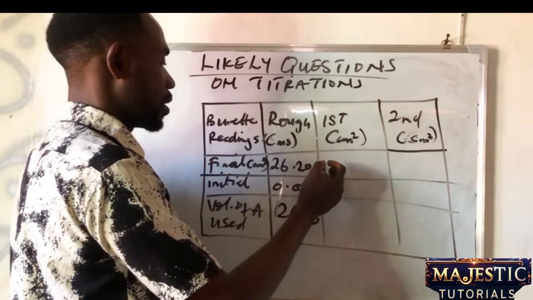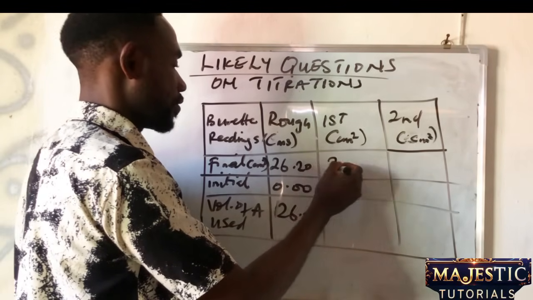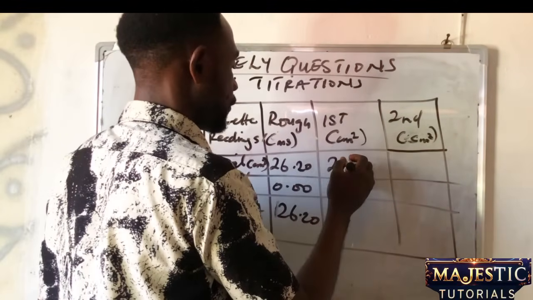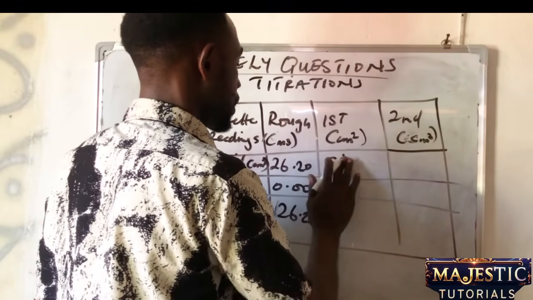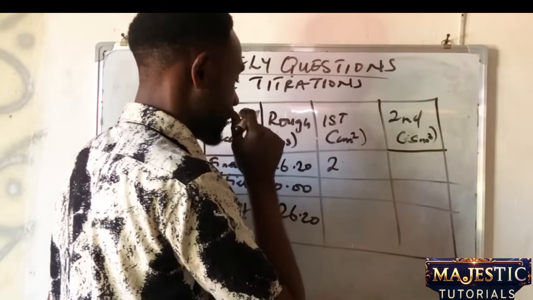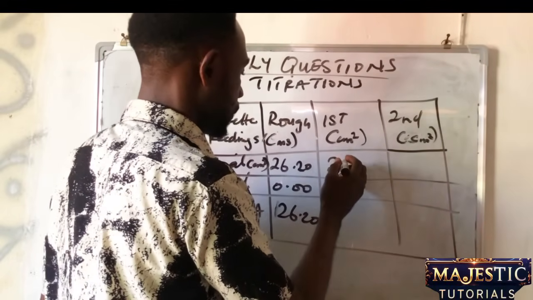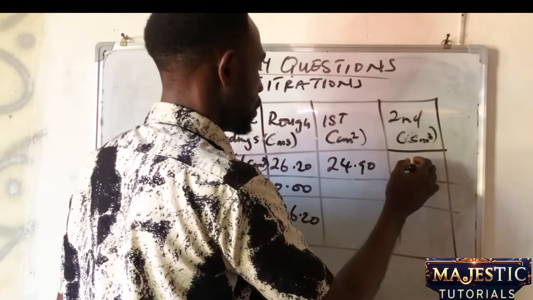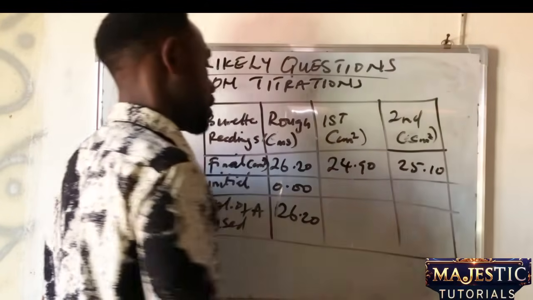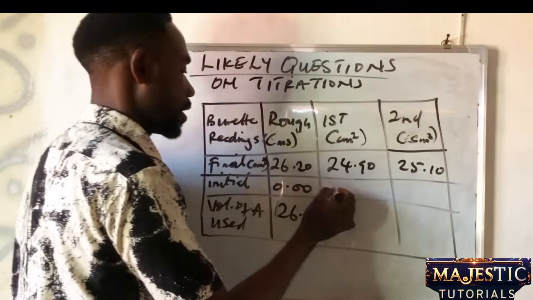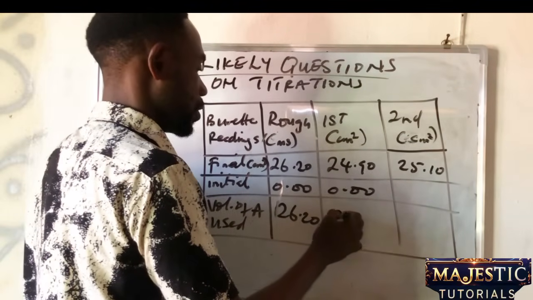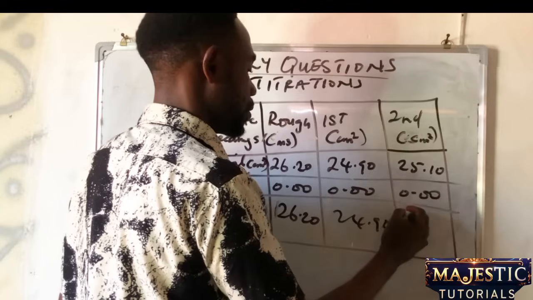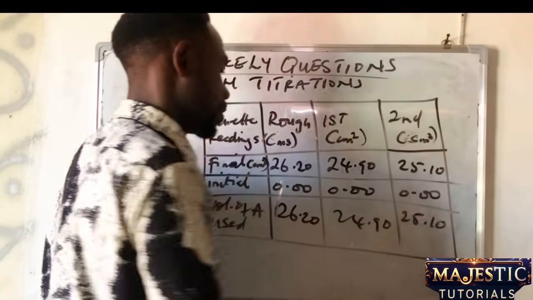Okay, then this one is maybe I want to use the exact thing I got, 24.90, and then 25.10. Okay, if I end up like this, everything here 0.00, 24.90, then here 0.00, 25.10.